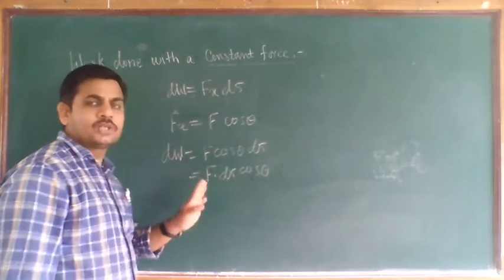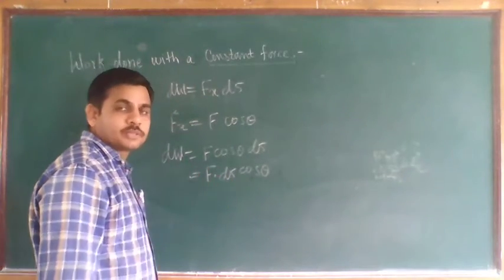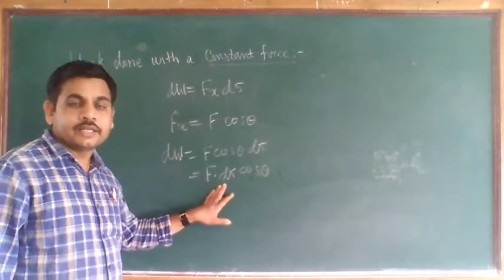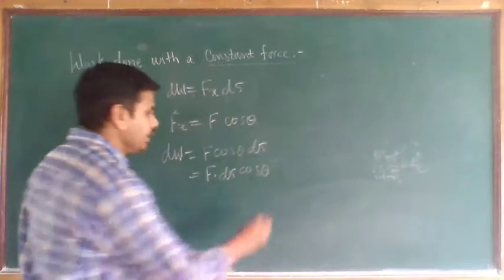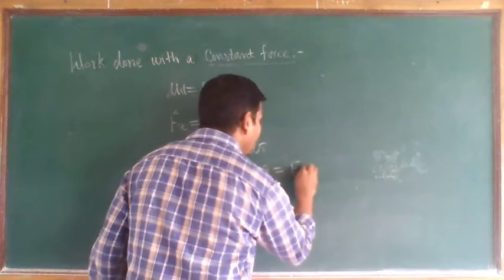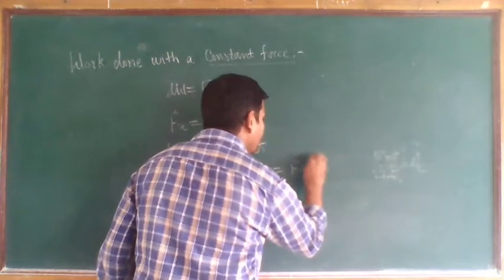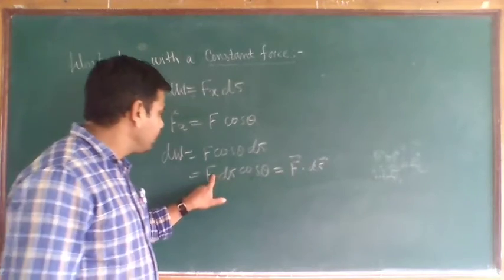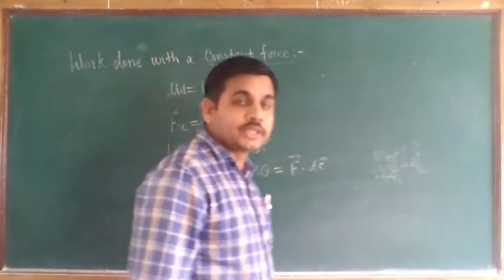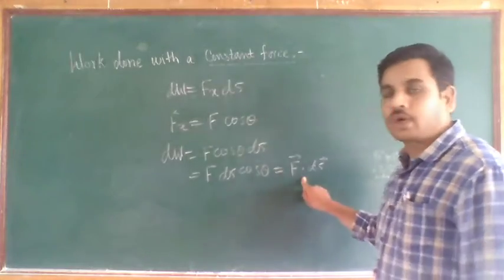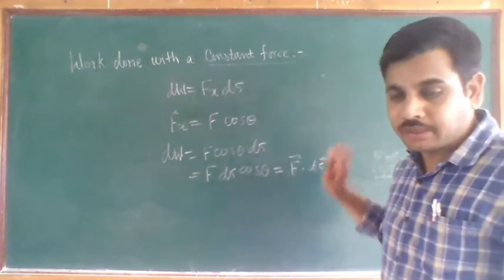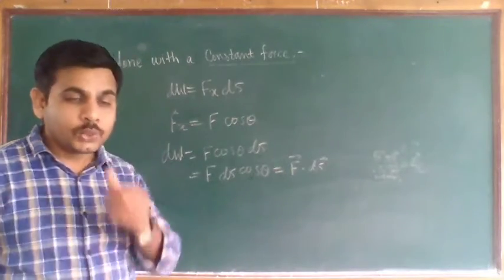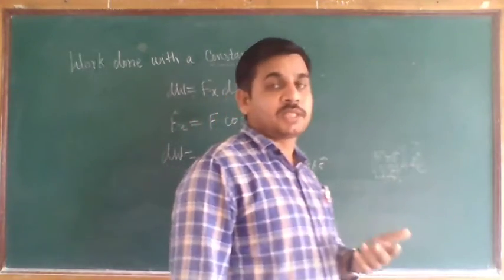This is simply the dot product between force and displacement, so F ds cos theta is equal to the dot product of force and displacement. Also we can say the work during a finite displacement.